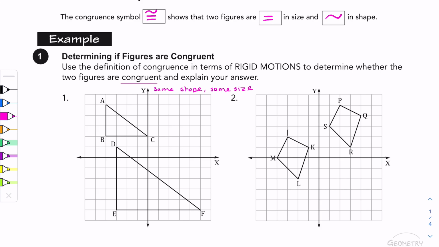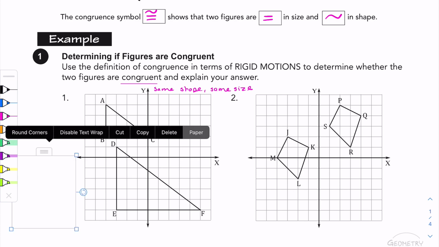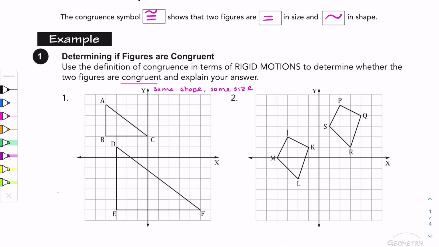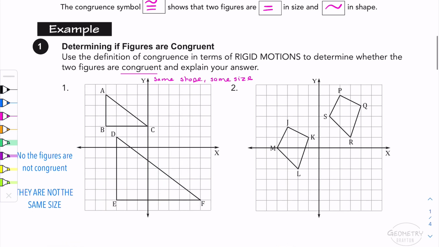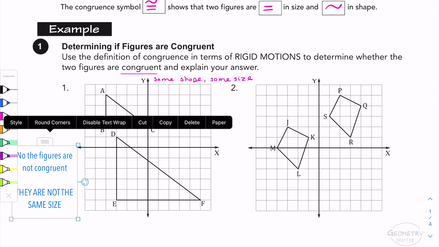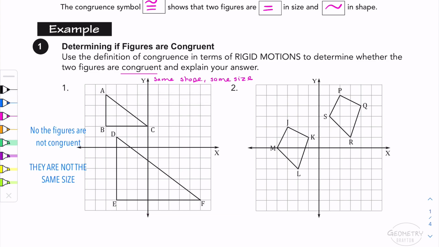If we look at number 1, hopefully you automatically recognize that these two figures are not congruent because they are clearly not the same size. So no, the figures are not congruent. They are not the same size.